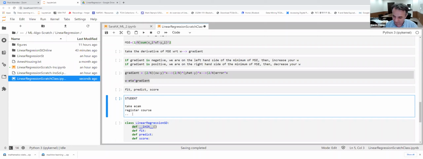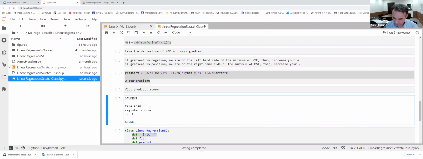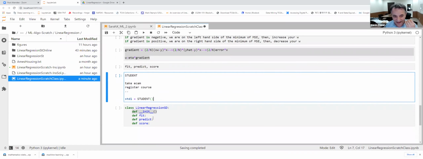So whenever I say student1, I'm creating an instance from the student class. This init function is going to give some initial attributes to the student. For example, the student should have a name, a phone number, an email, a student ID.